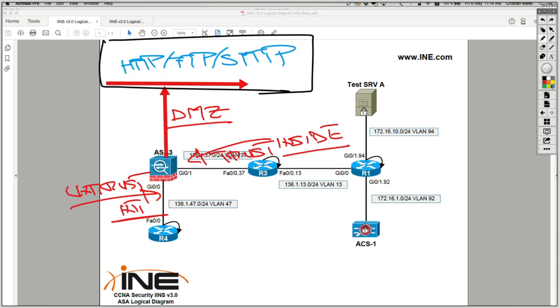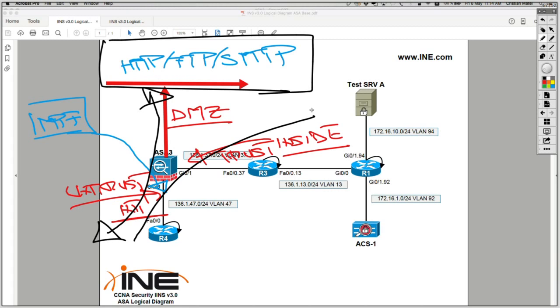So given this design with DMZ, inside and outside, what this means is that if we, for example, configure an MPF policy for HTTP inspection, for DPI, and we apply the MPF policy on the outside interface, on that internet-facing interface, it means that all traffic flowing through that interface, like in this direction, outside internet to DMZ, in this direction, outside internet to inside, is going to be inspected by that MPF policy.